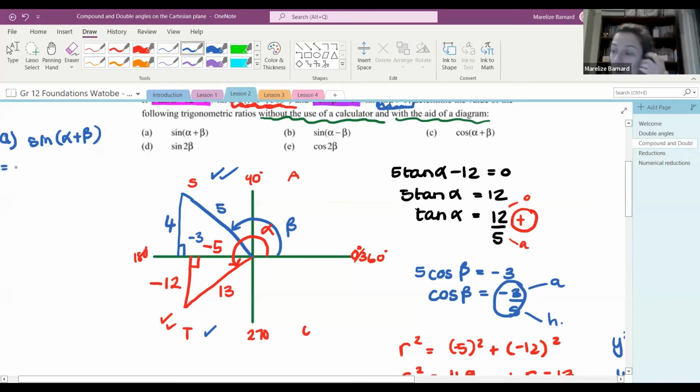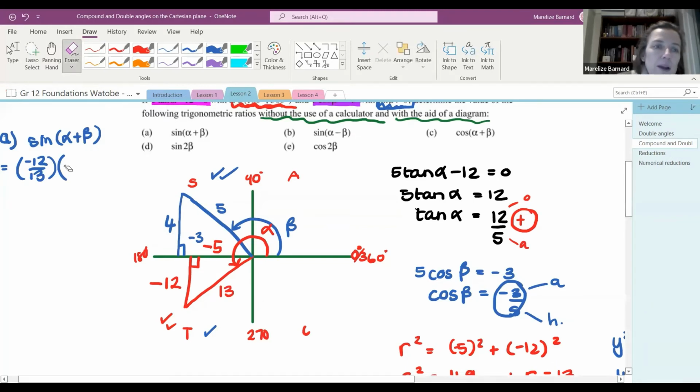So for that, we go to our compound angle identity. You have to recognize this first of all as a compound angle, alpha plus beta. So for sine of alpha, I use my red triangle. It's opposite over hypotenuse, and that is negative 12 over 13.